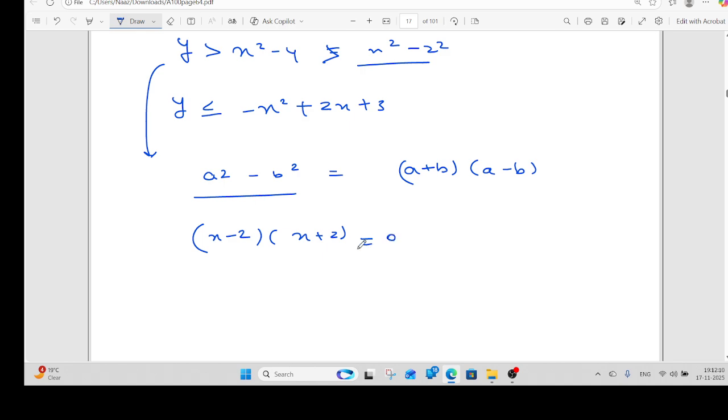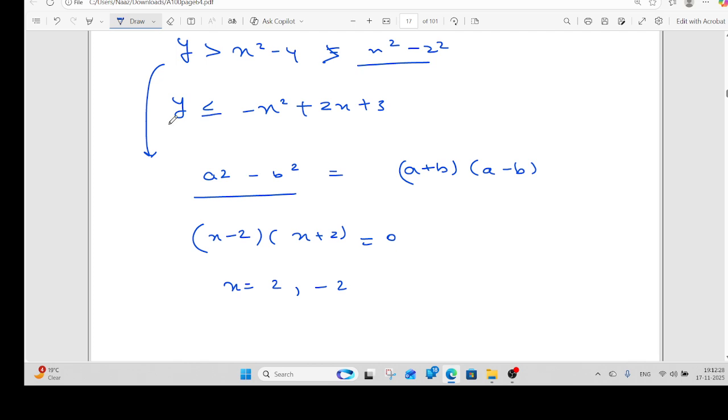Now I will get x is equal to 2 and negative 2, right? So I have two values, x is 2 and negative 2, which I got for this quadratic inequality, right?